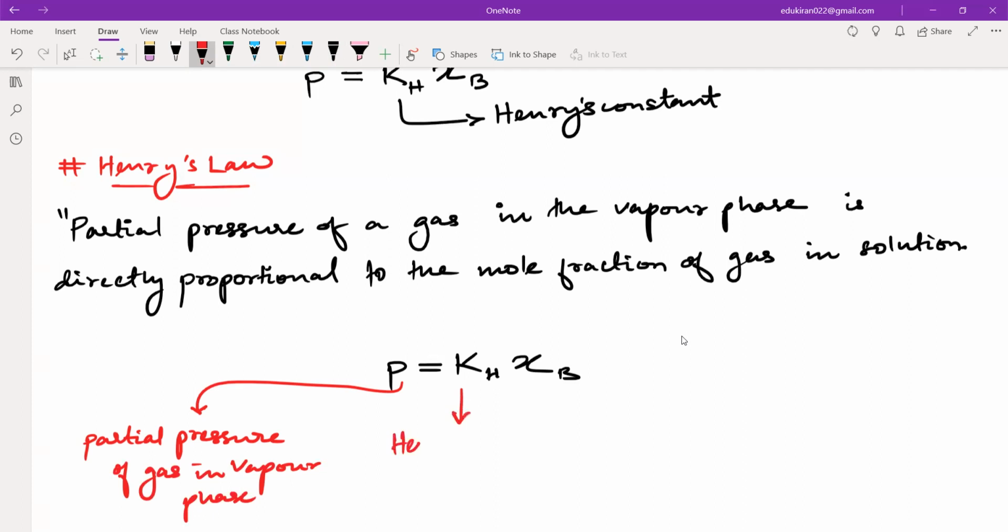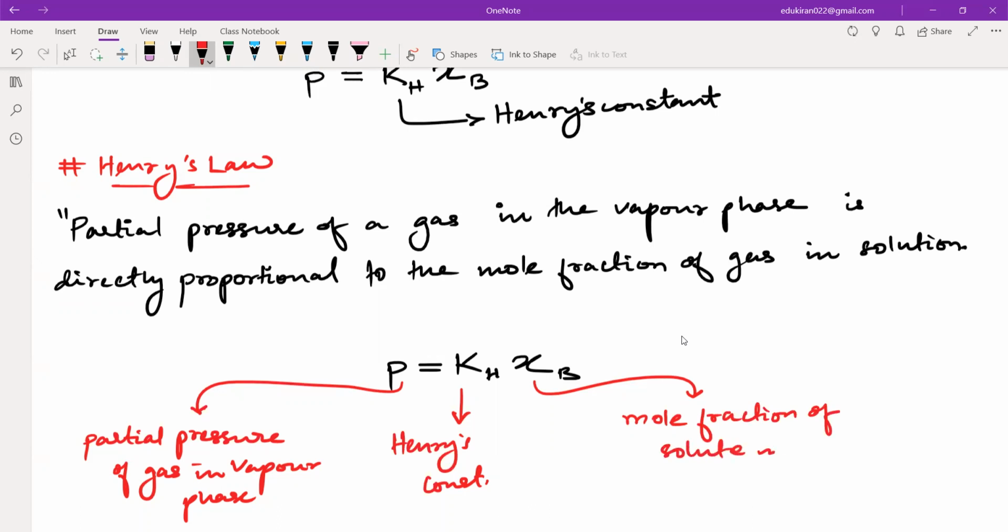KH is Henry's constant. This is the mole fraction of solute in solution.